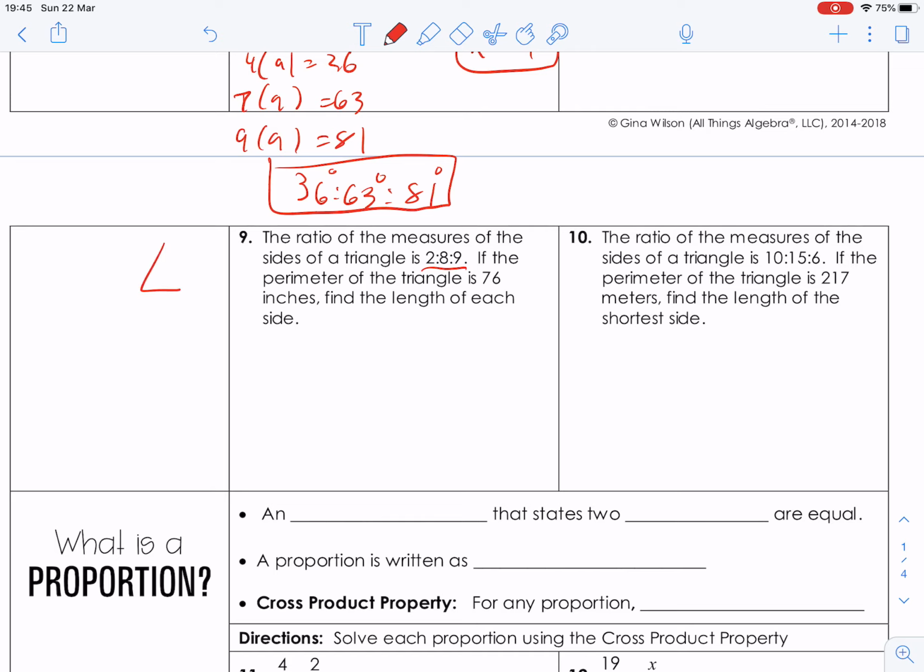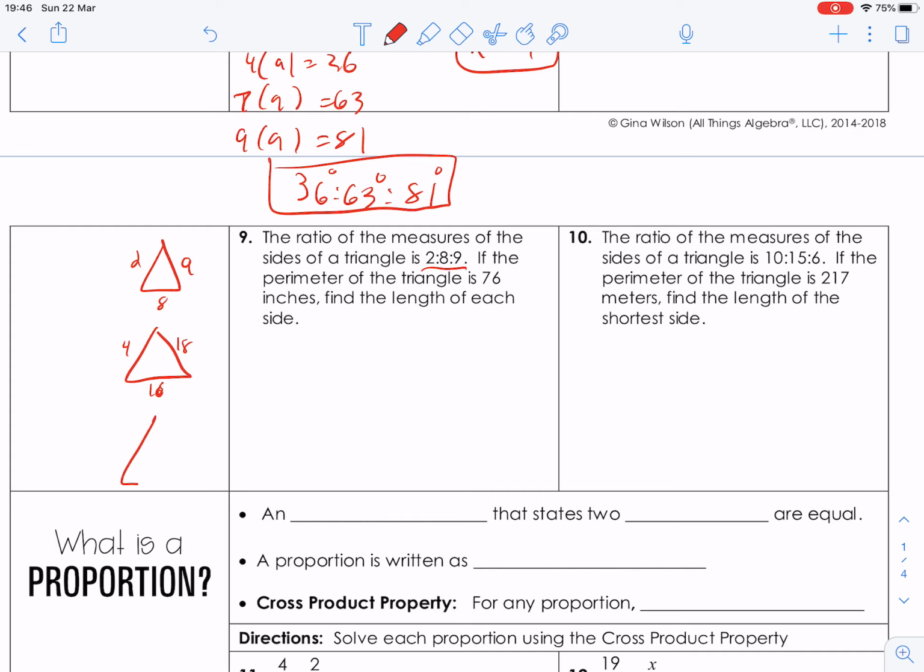So for example, if it was 2, 8, 9, if we did a dilation for 4, 16, 18, they would be similar. They would be similar triangles. We're going to get to that later. But in this case, the ratio would be the same.